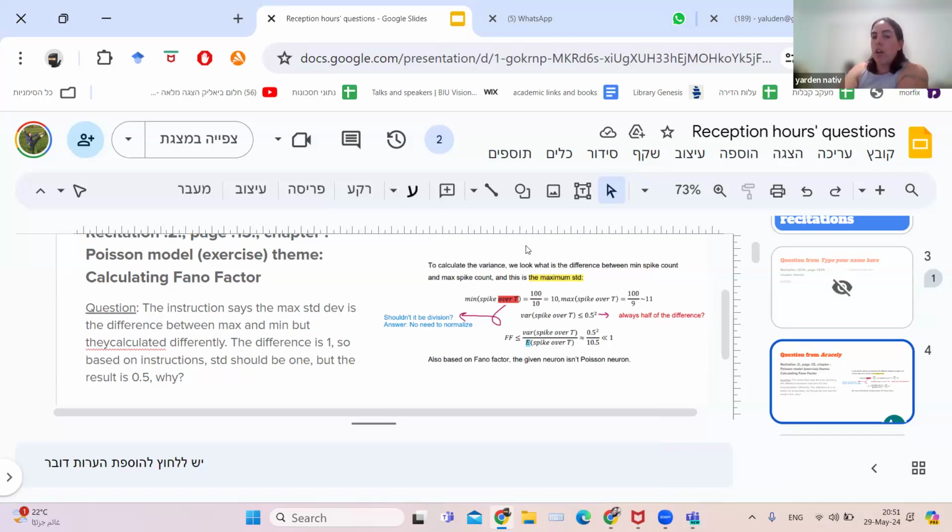We have the minimal number of spike counts, which is 10 when you use the bin of 10, and the maximal spike count is 11, right? And then you can calculate the expectation, which is 10.5. And when you put it in the formula for variance, you get 0.5 squared.